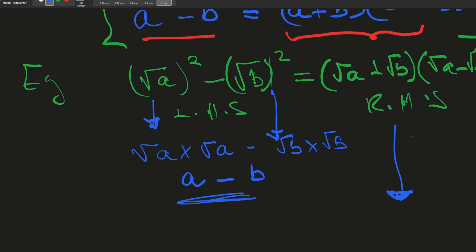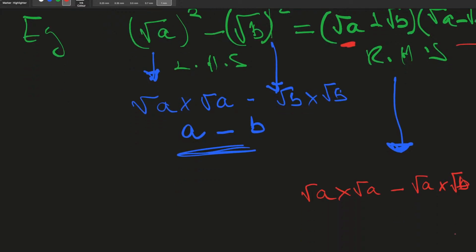Okay, so to expand the right hand, all you do is pick the first one, which is root a, and multiply this bracket. So with that, root a times root a, so this will be root a times root a. Okay, then we'll come here. This is root a. There's a minus sign here, so this will be minus root a times root b.